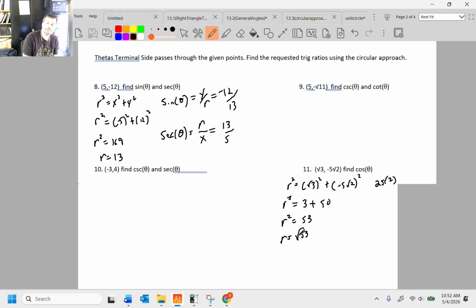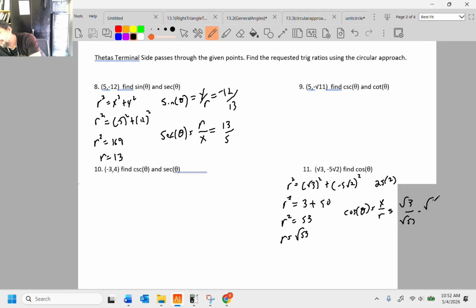Anywho, root 53 is not something that simplifies. So there's my radius. All right, cosine of an angle when you're using the circular approach is x over r. So this would be root 3 over root 53, which is just an ugly number.